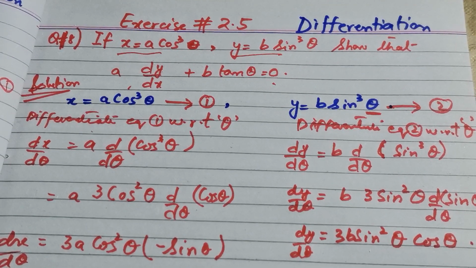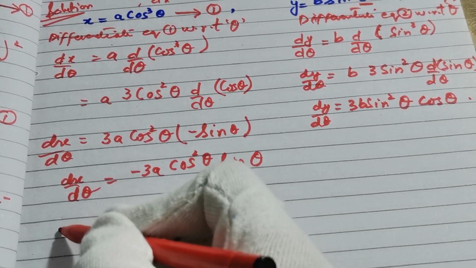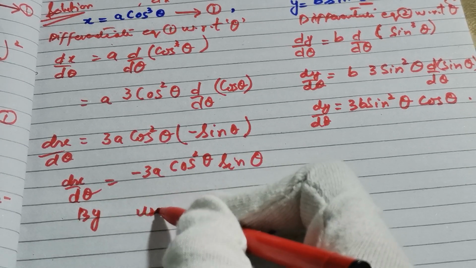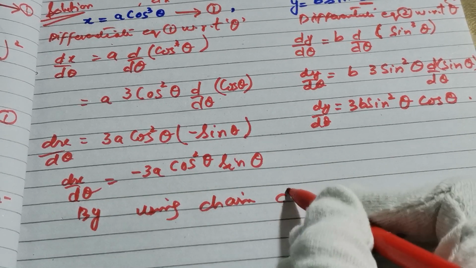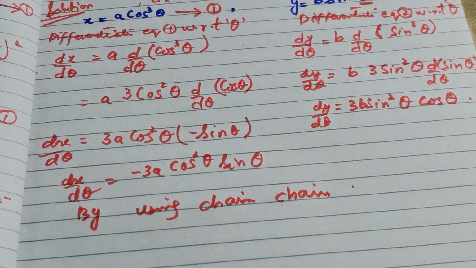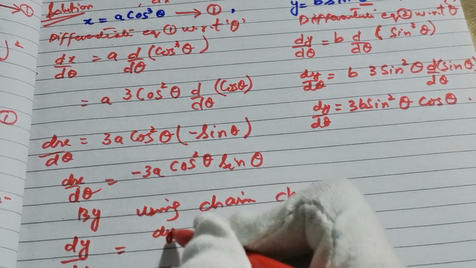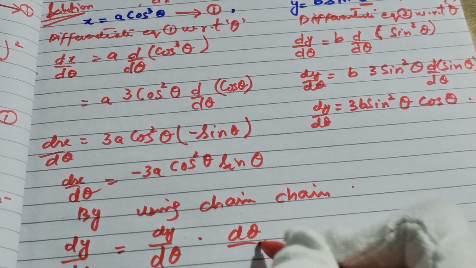So we want to find dy by dx. By using the chain rule, dy by dx is equal to dy by d theta dot d theta by dx.